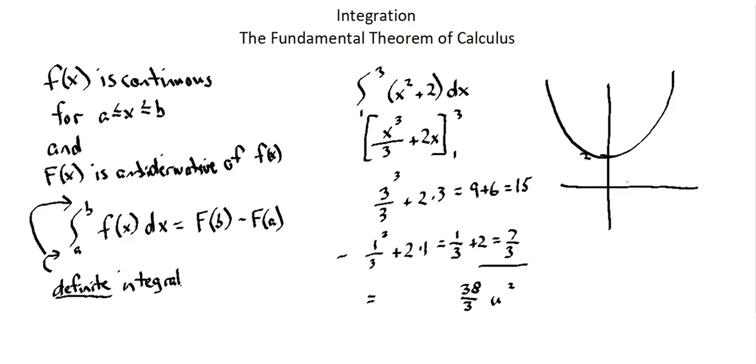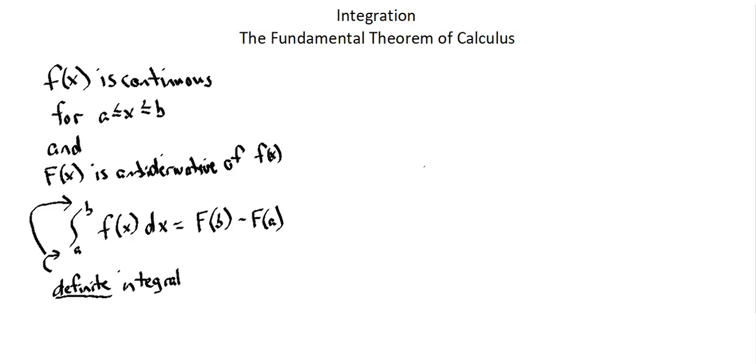And if I mark off 1 and 3 on the x-axis and connect from the x-axis to the curve, then the area that I've calculated is bordered by the x-axis, and x equals 1, and x equals 3, and y equals x squared plus 2. In other words, the shaded region is the region we've calculated the area of as 38 over 3 units squared.